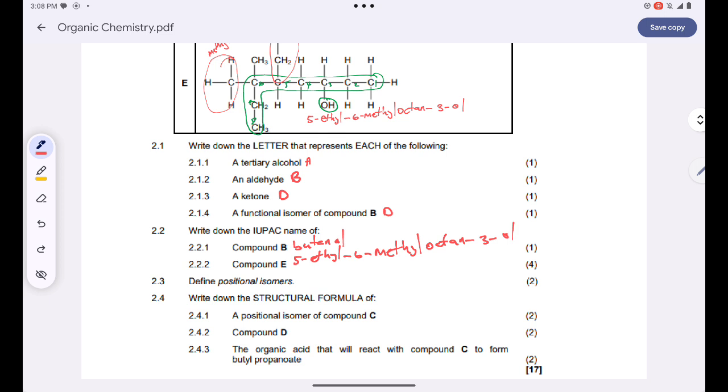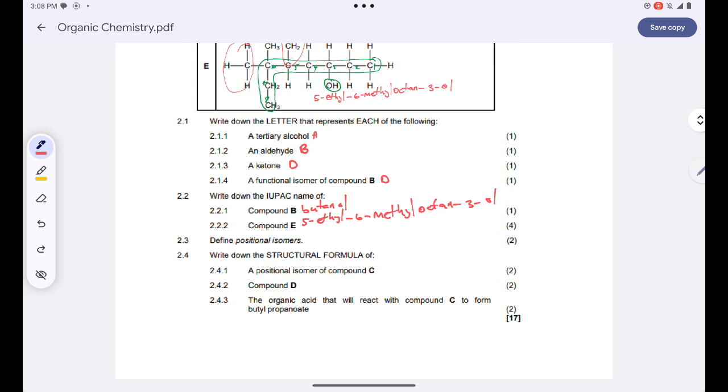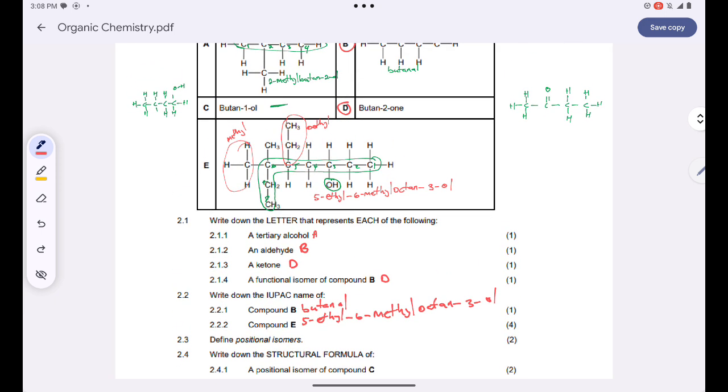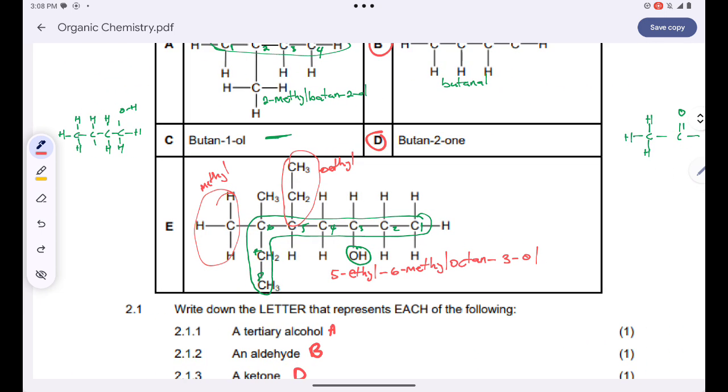Okay, define the term positional isomer. A positional isomer is just compounds that have the same molecular formula and have the functional group located in different positions. And then write down the structural formula of a positional isomer of compound C. Compound C is butan-1-ol.